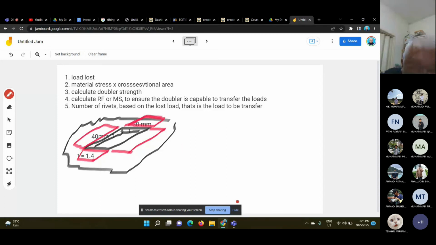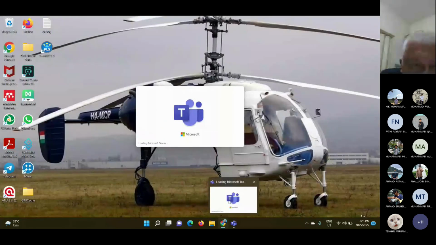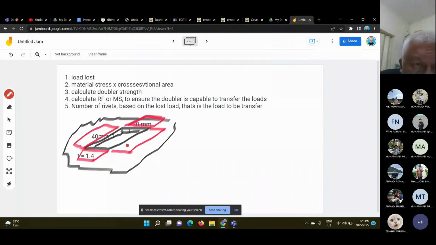So this is our area of concern, because we need to determine how much to be transferred here because we have lost this area. So you need to put a doubler. The doubler should transfer the load from this to this. How much? Because you need to have the doubler be able to transfer the load, so you have to calculate the load loss. The load loss will be in this area, or to be transferred here.